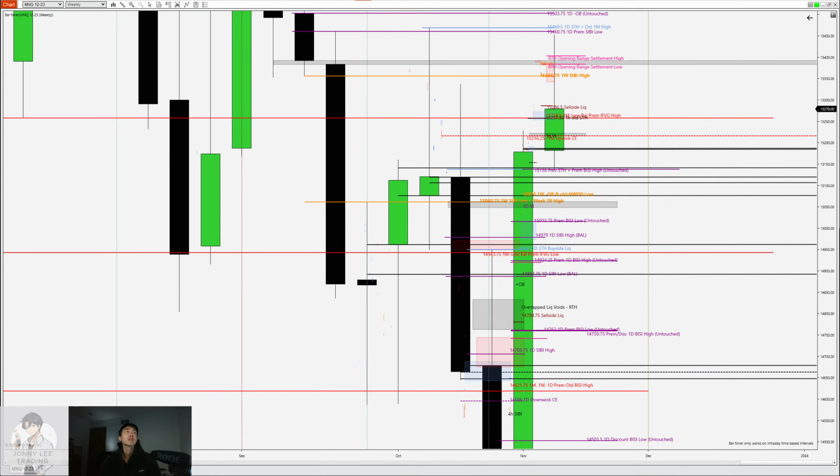I'm gonna extend this hourly volume imbalance. And let me move some of these things over. Let me get rid of this as well.